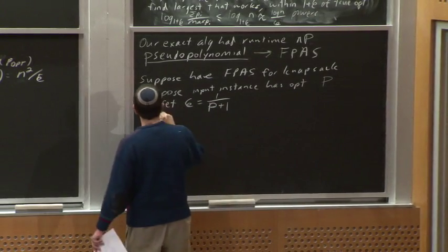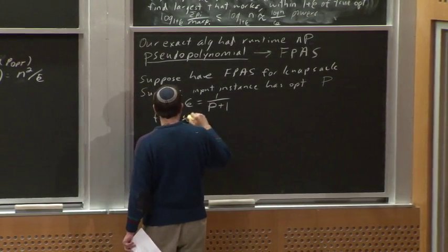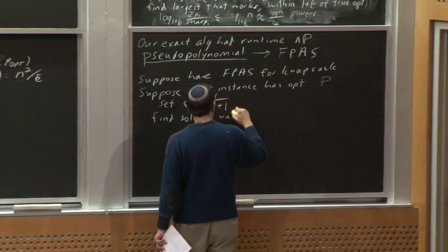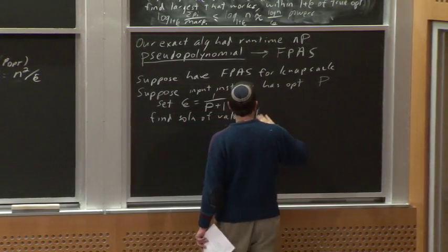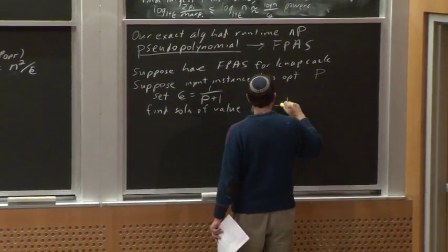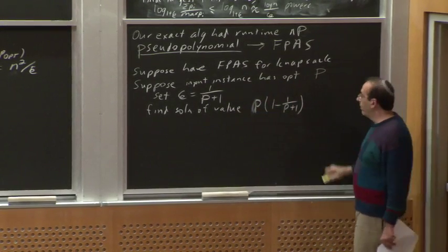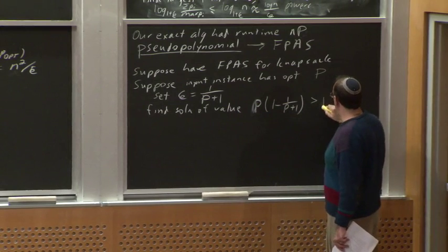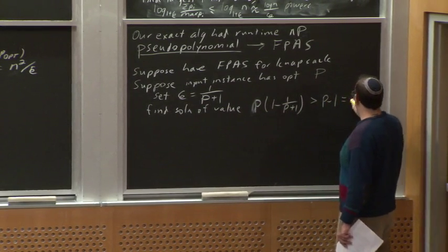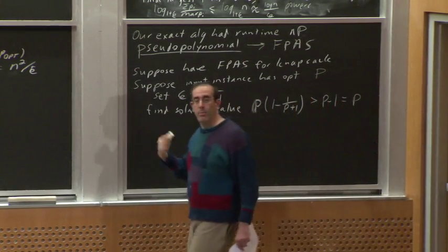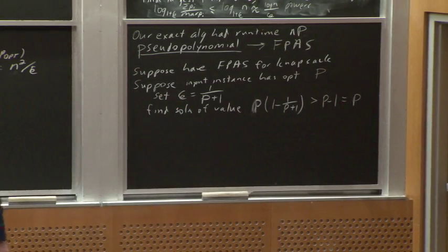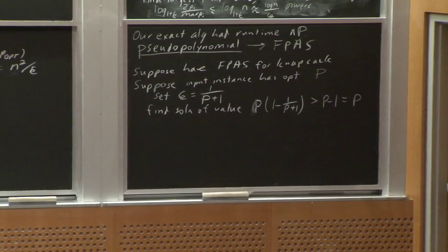So that means that we will find a solution of value p times 1 minus 1 over p plus 1, which is greater than p minus 1, and is therefore equal to p if we're talking about a problem with integer inputs or integer solutions. So that's all it takes.